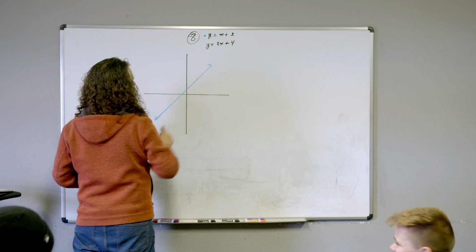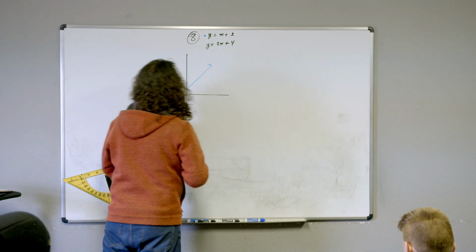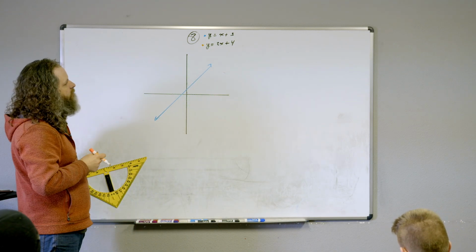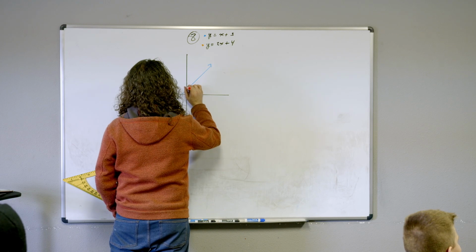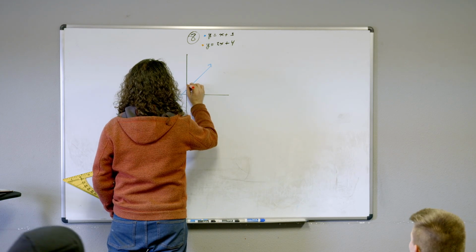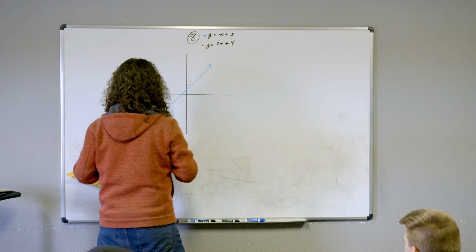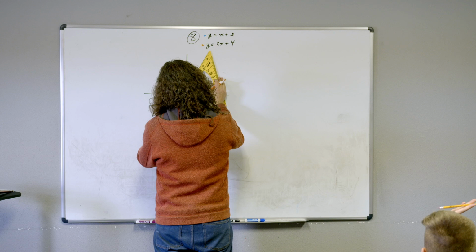Now for the orange one, what do we do? Go up 4, and then count up 2 over 1. Connect the dots.